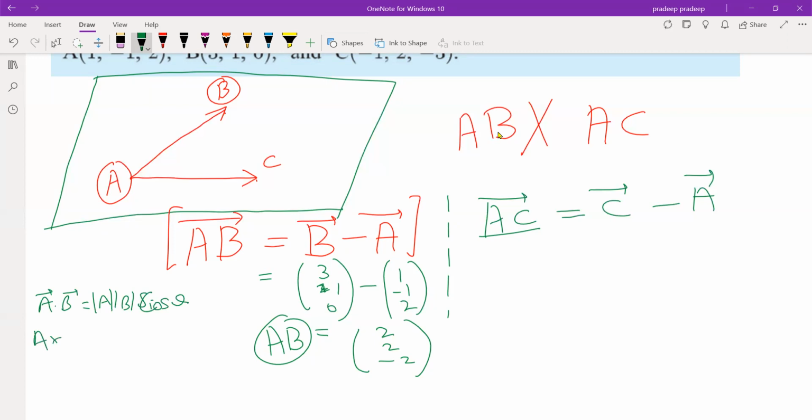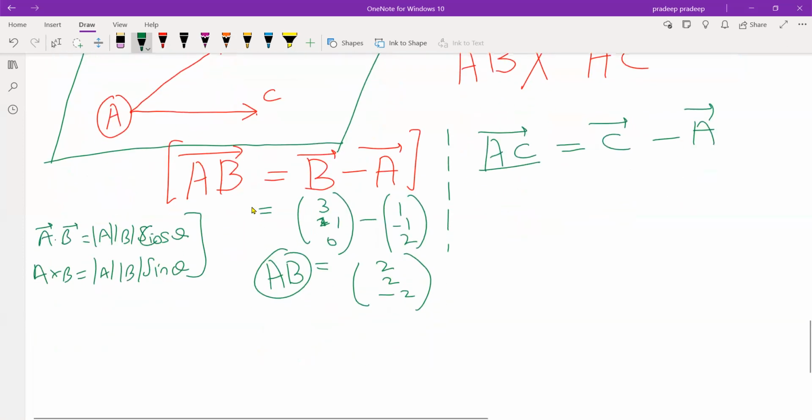And A cross B will be mod A into mod B into sine theta. These are the basic expressions. Now the correct values of these will depend on the correct value of theta. Now theta is of two types.